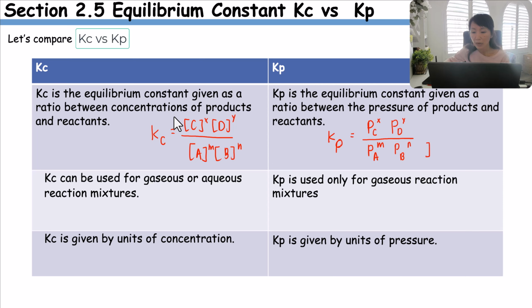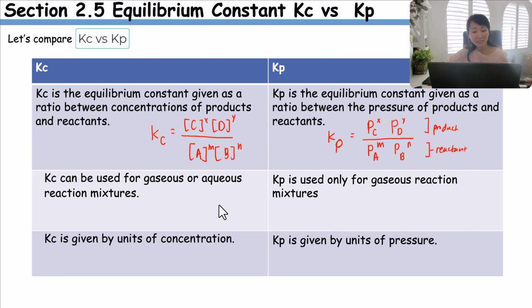So this is the reactant side, and this is the product side. That goes the same for Kc, but it's in concentration, molarity. Here it's in millimeters of mercury, it could be atm, it could be torr.